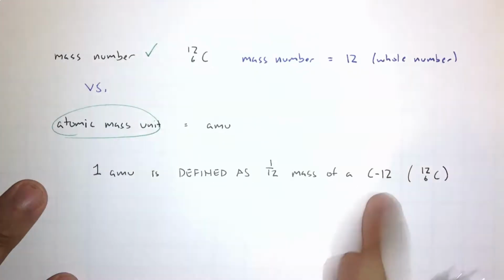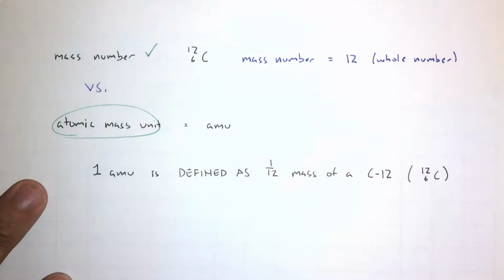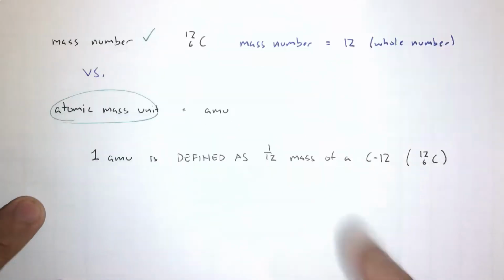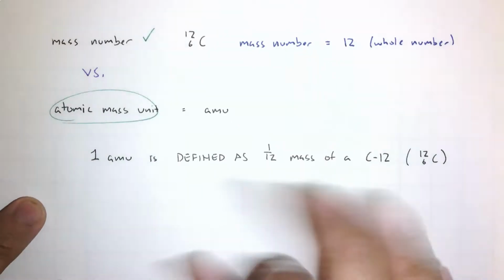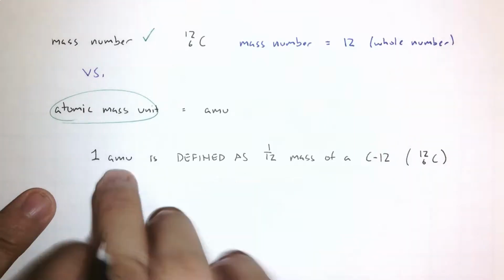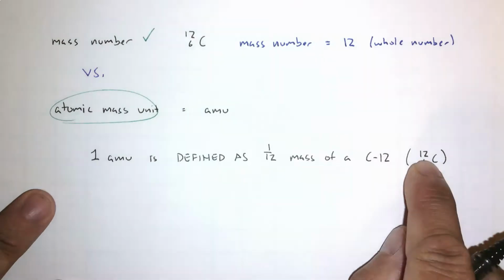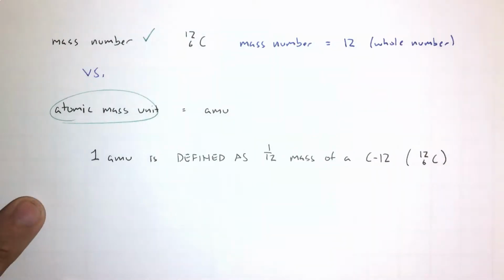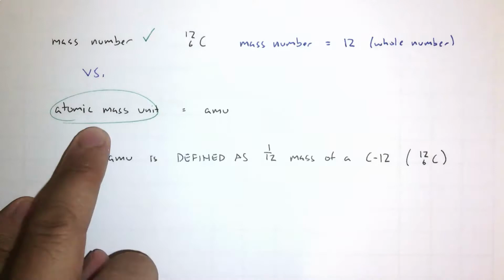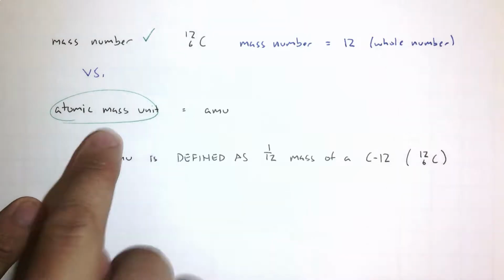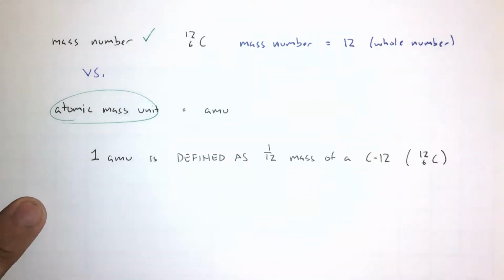C12, just like we had Br81 on the previous page. Its definition of 1 AMU is 1/12, but you notice that the mass number is also 12. So in this case, the mass number and the atomic mass unit, or the mass in AMUs, are the same.